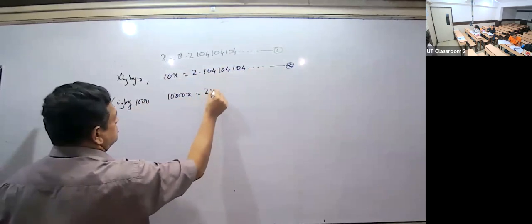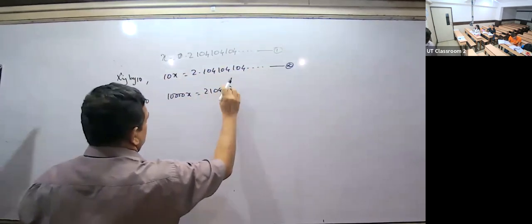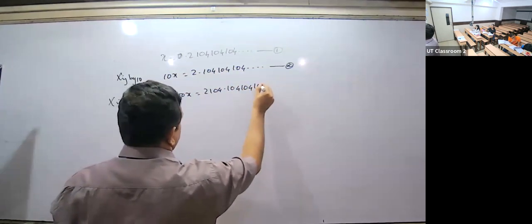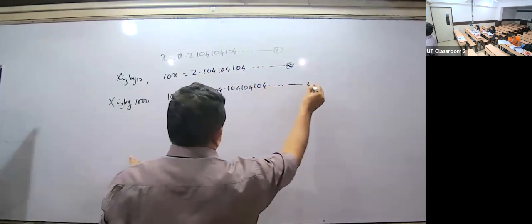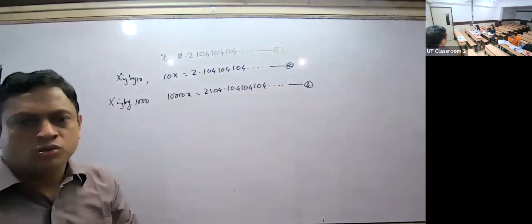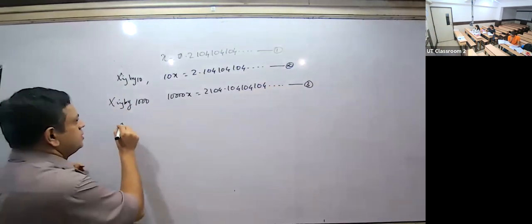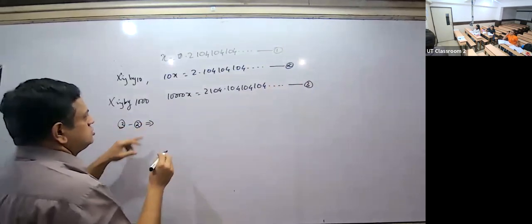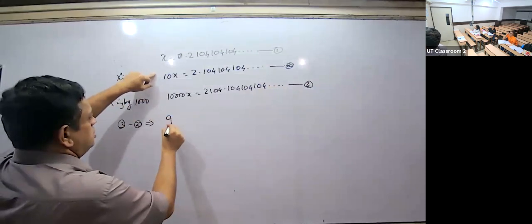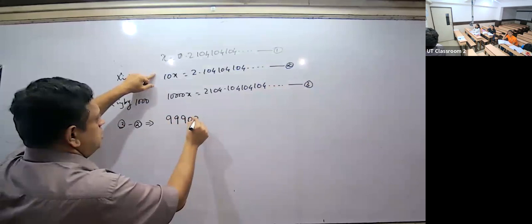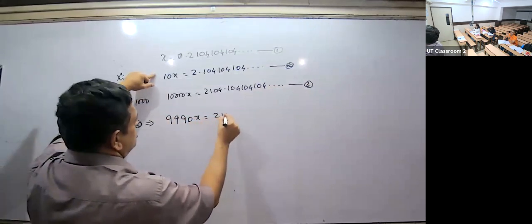That is 2104.104104, condition 3. Then what do you have to do? Subtract 3 minus 2, which is 10,000 minus 10, 9,990x is equal to 2102.